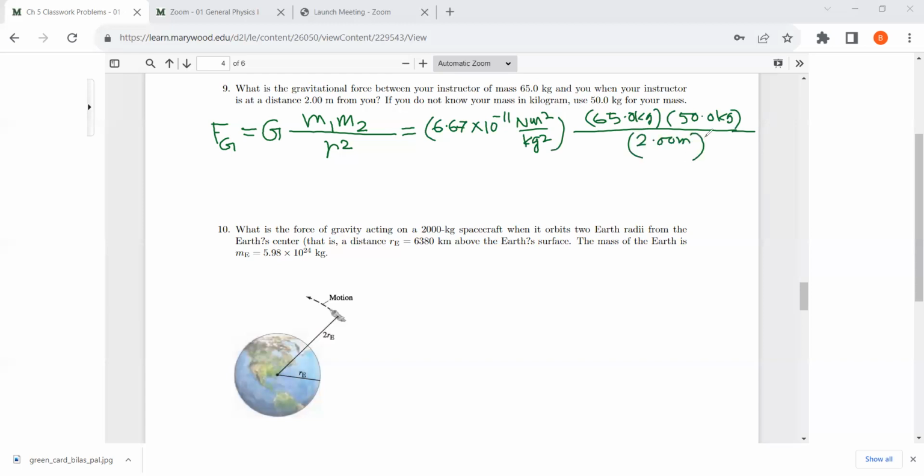Make sure you also use the square sign. When you plug in all these values, you should get this value. It's a very small number.